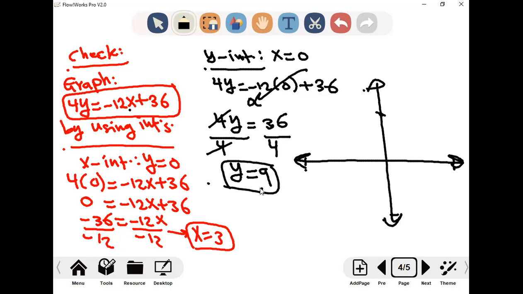So x equal 3, this is the 3, right? This point is the x-intercept. Y equal 9, I will go up here and make my 9. Okay? Now your line is the blue one here. The graph.